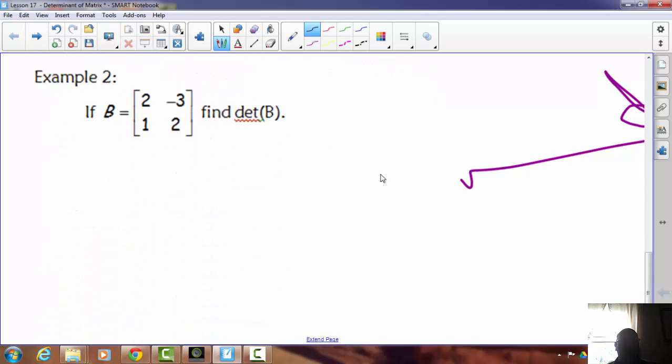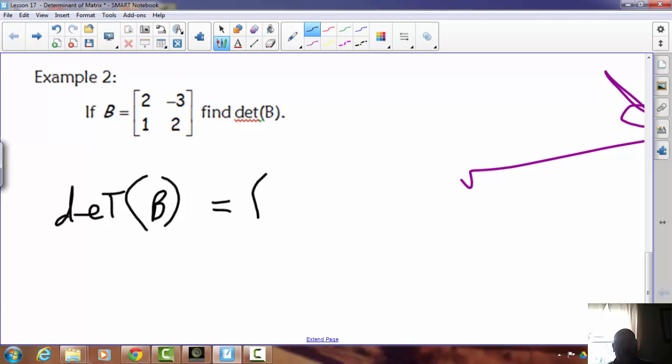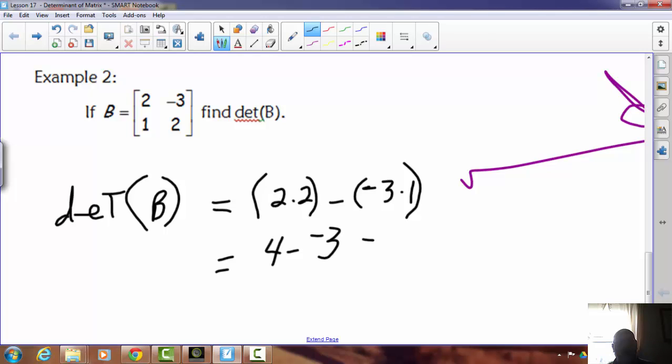So let's take a look at matrix B. We have the determinant of B equals 2 times 2 minus -3 times 1. So what do we have? 4 minus -3.